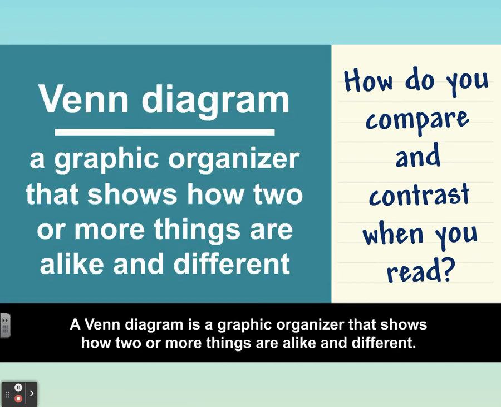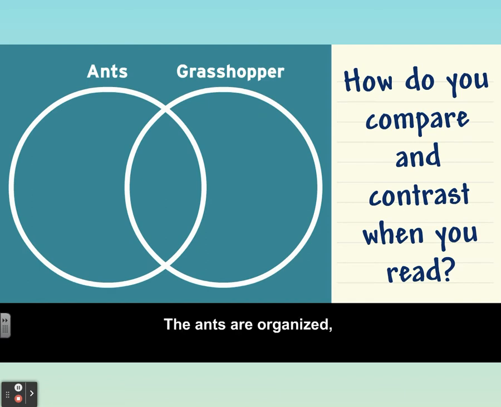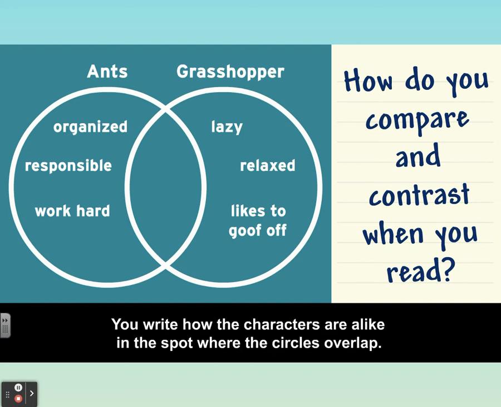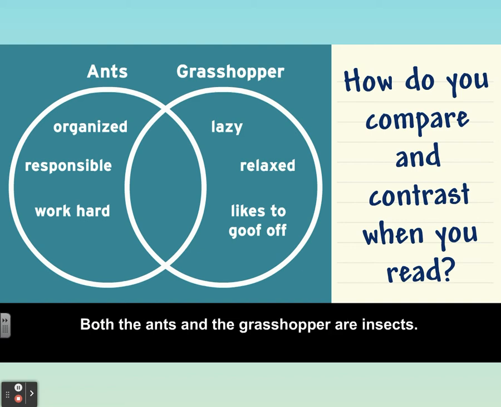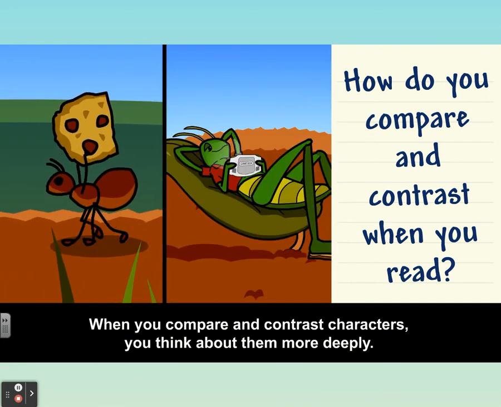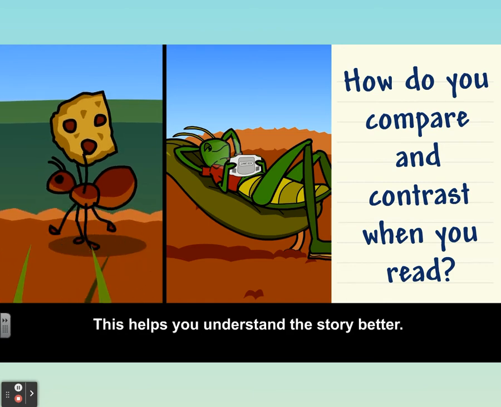A Venn diagram is a graphic organizer that shows how two or more things are alike and different. Let's see. The ants are organized, responsible, and they work hard. The grasshopper is lazy, relaxed, and likes to goof off. You write how the characters are alike in the spot where the circles overlap. Both the ants and the grasshopper are insects. They also need to eat to survive. When you compare and contrast characters, you think about them more deeply. This helps you understand the story better.